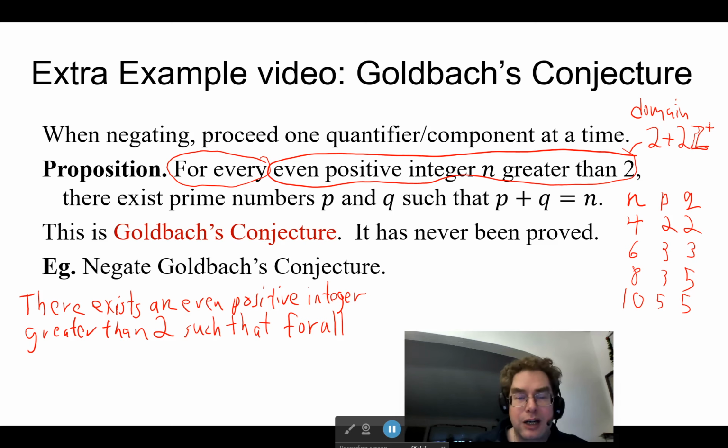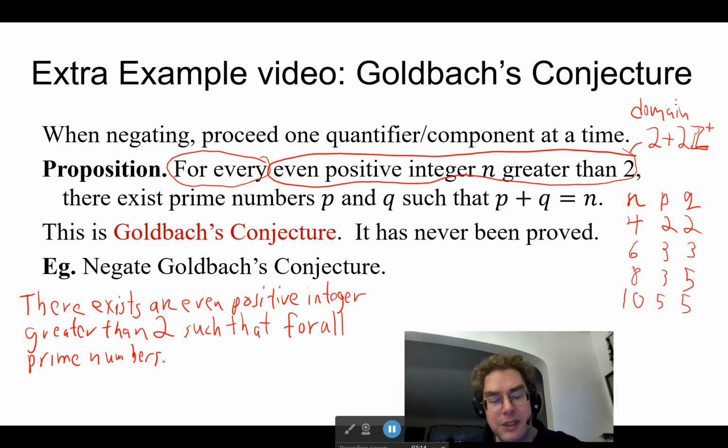The domain for p and q, for both of them, is the set of prime numbers. We can just continue to express that in natural language here and say for all prime numbers p and q, still have those same 2 variables over the same domain.